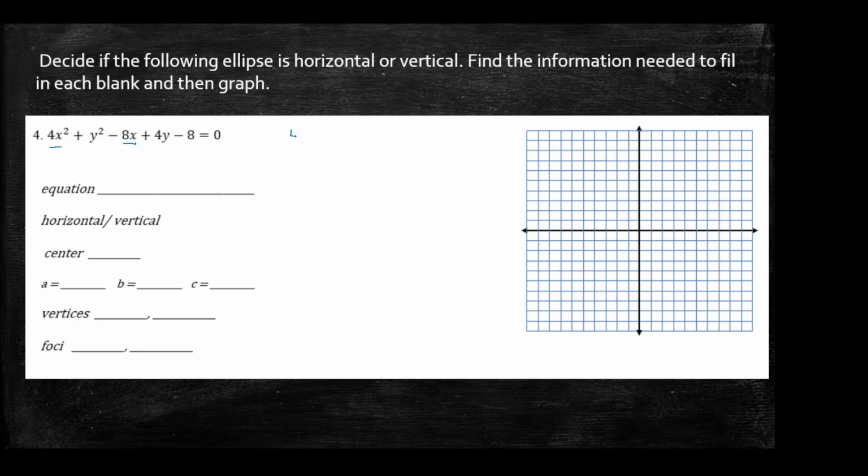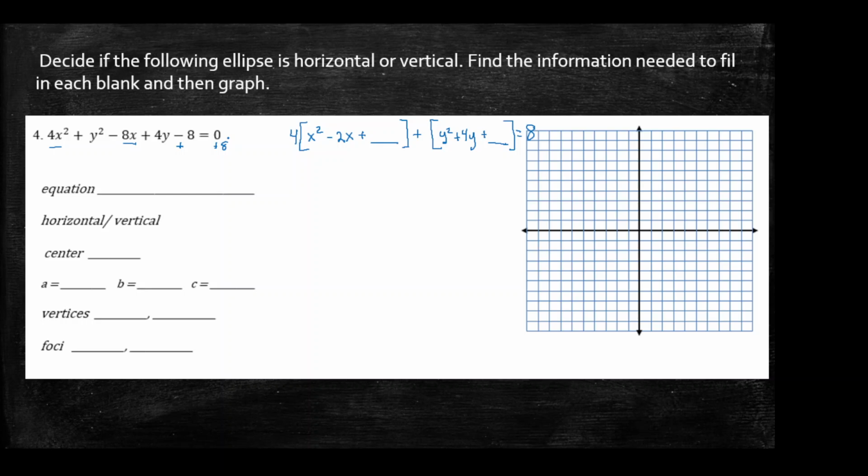So this is going to be 4, and then x squared minus 2x plus some value, and then that's plus my y squareds. I can't factor anything out, so y squared plus 4y plus some value equals 8. And what I did here is I went ahead and added 8 to both sides ahead of time here. Okay.